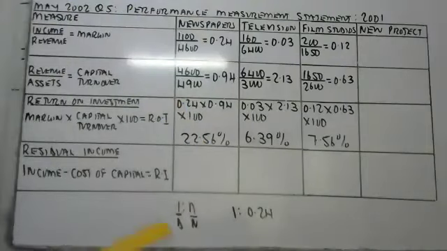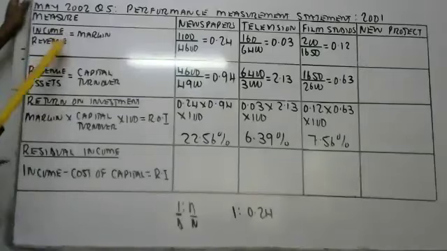If you are keen, you'll be able to see that this formula, this return on investment, we can collapse it to just two things: income over assets. You see that? This times this.